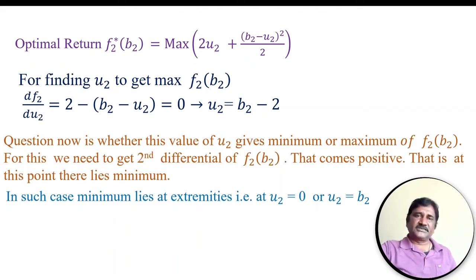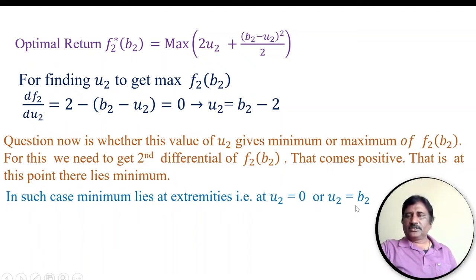And what are the extremities here? Extremity means u2 will be equal to 0. I have forgotten to mention in this problem that all the variables are greater than or equal to 0. Alright, so u2's one extreme will be 0 and the other extreme, u2 can maximum go up to b2.